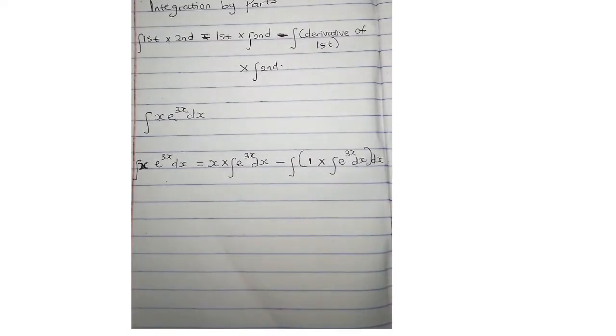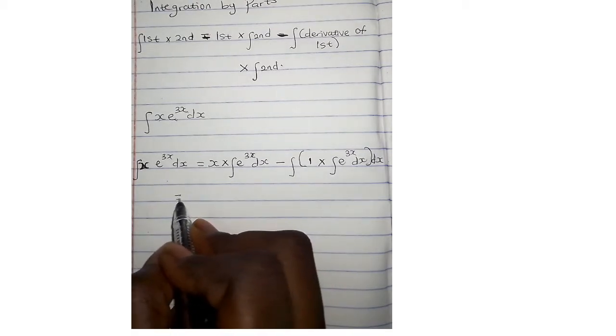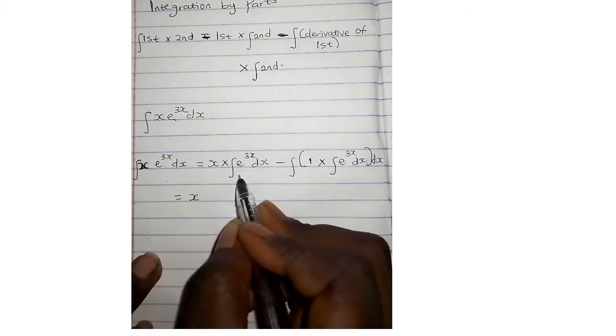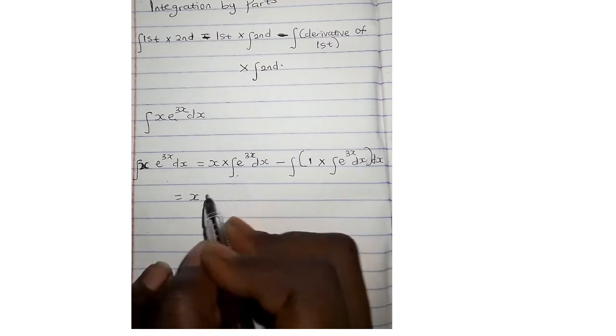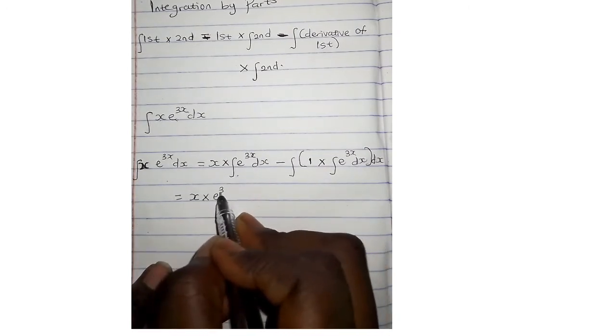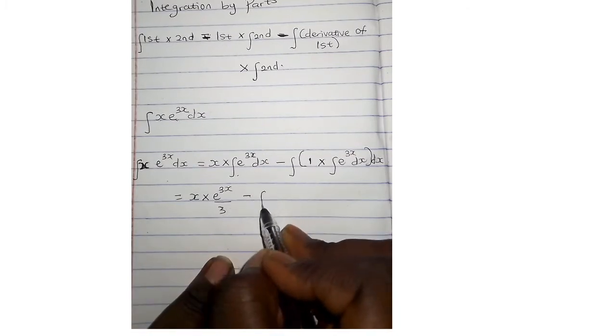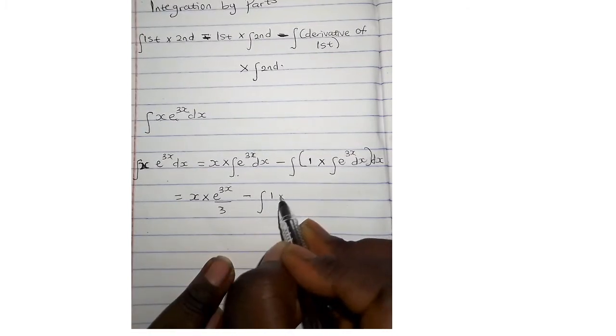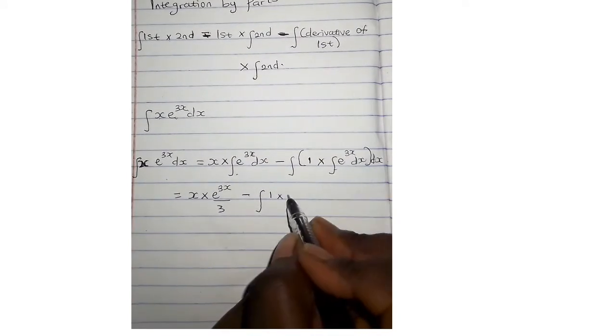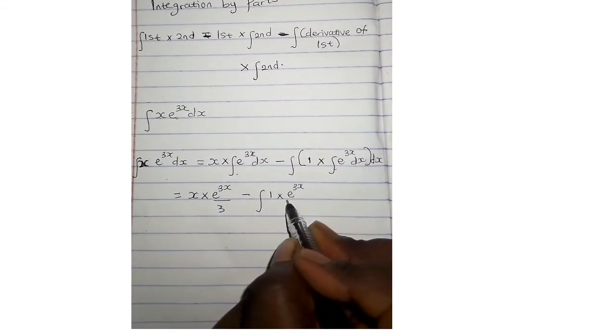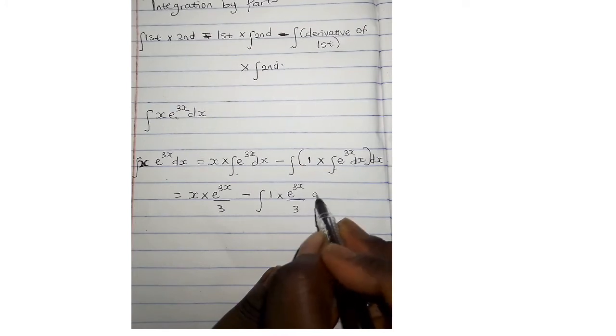So let's continue. This is going to be equal to x. When we integrate exponential 3x we have exponential 3x all over 3, subtracting the integral of 1 multiplied by exponential 3x all over 3 dx.